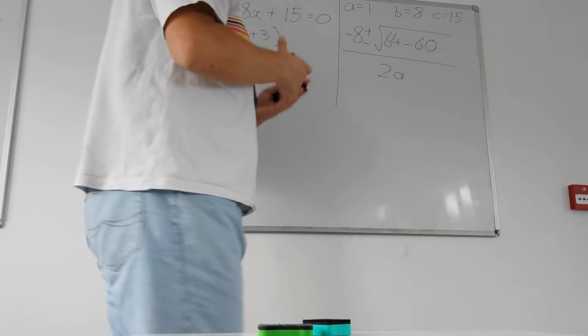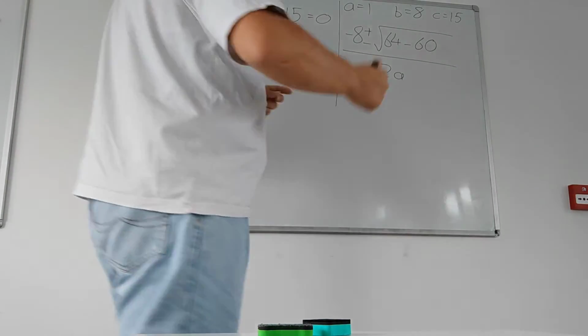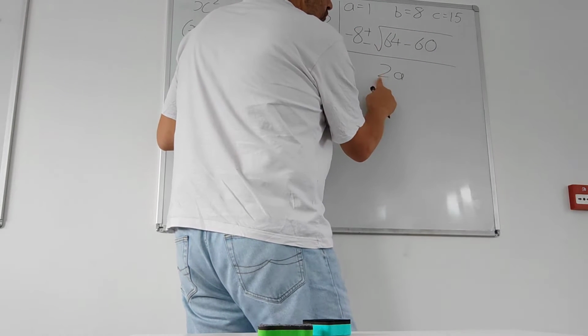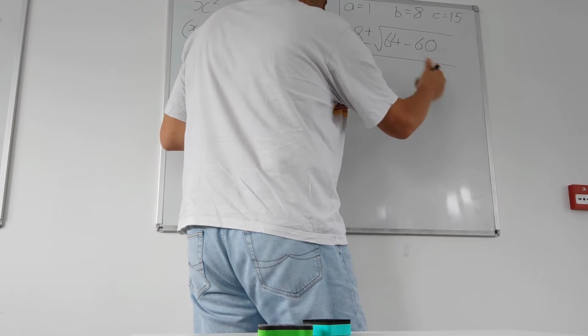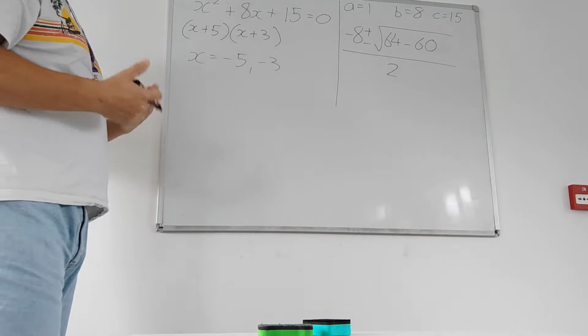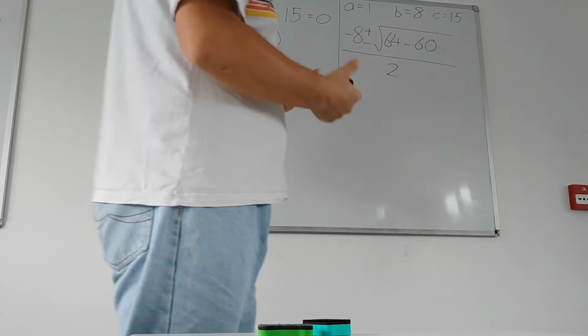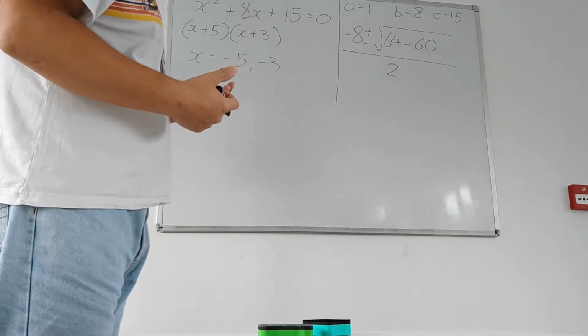So again, help yourself as you go along, do one step at a time. We'll simplify that shortly. We'll just make sure of this. 2 times A, 2 times 1 is 2. So you've earned a mark for correct substitution, and in some cases they even allow one mistake and you still get a mark.